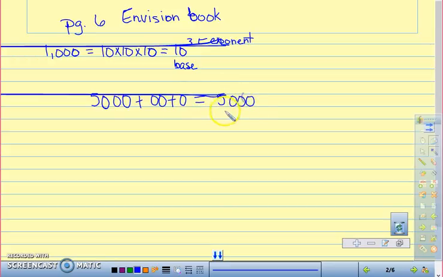So in this case, 5 times 10 to the first power, or 5 times 10, is equal to 50. That 10 to the first power just means 10 times itself one time.